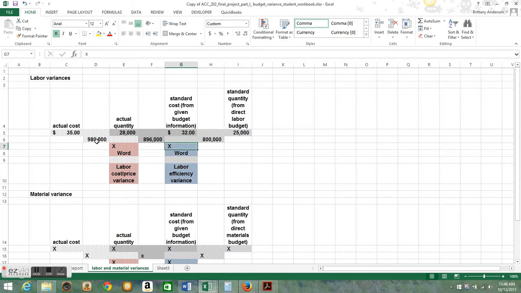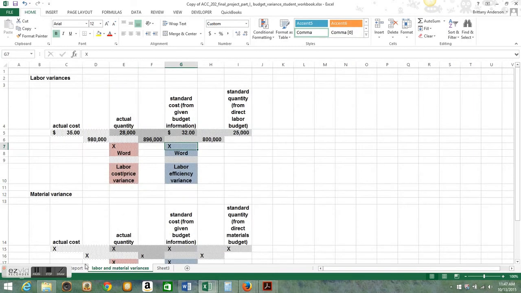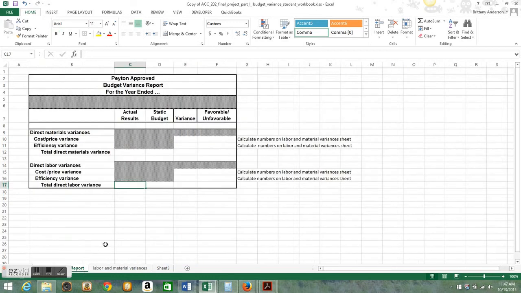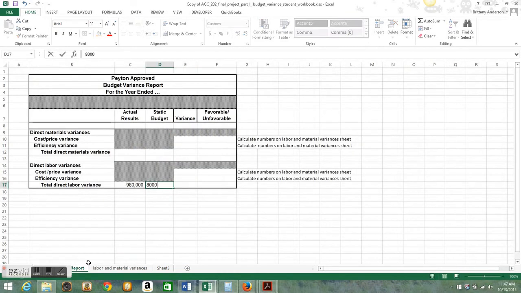So these amounts are the amounts that we're going to take forward. No amounts will go in this gray area. So you can see you have your actual result, static, variance, and favorable, unfavorable. So my actual result is what I want to pull from here, my 980, because that was my actual result. My static budget is this 800,000, and that's going to go here.